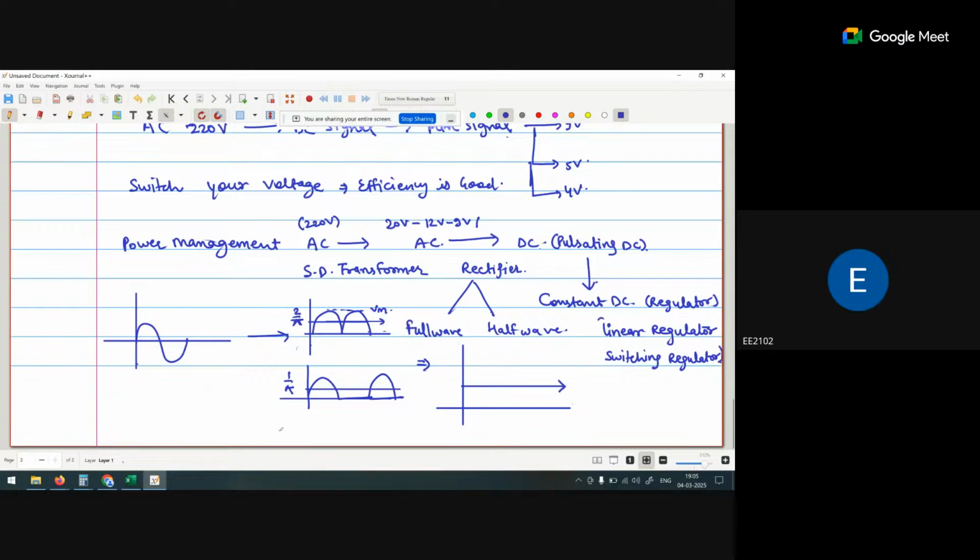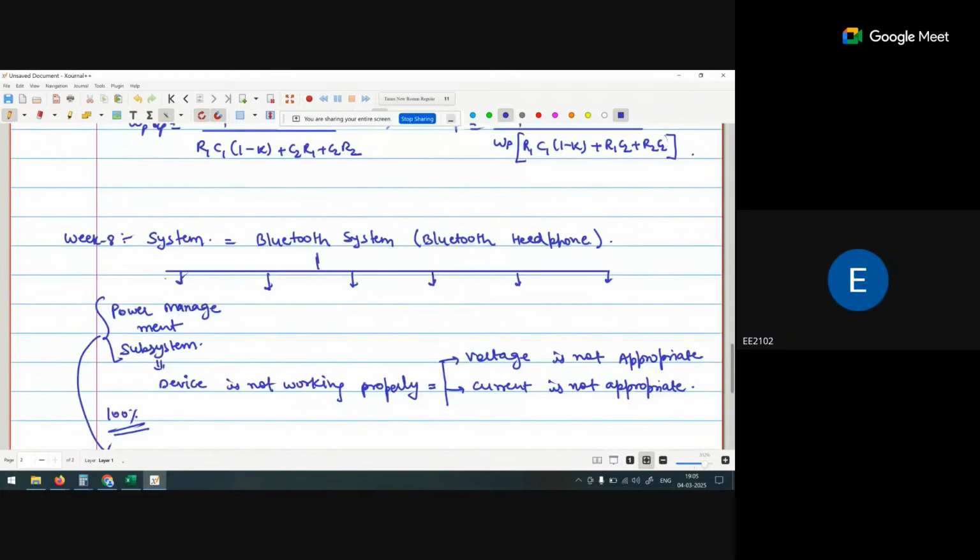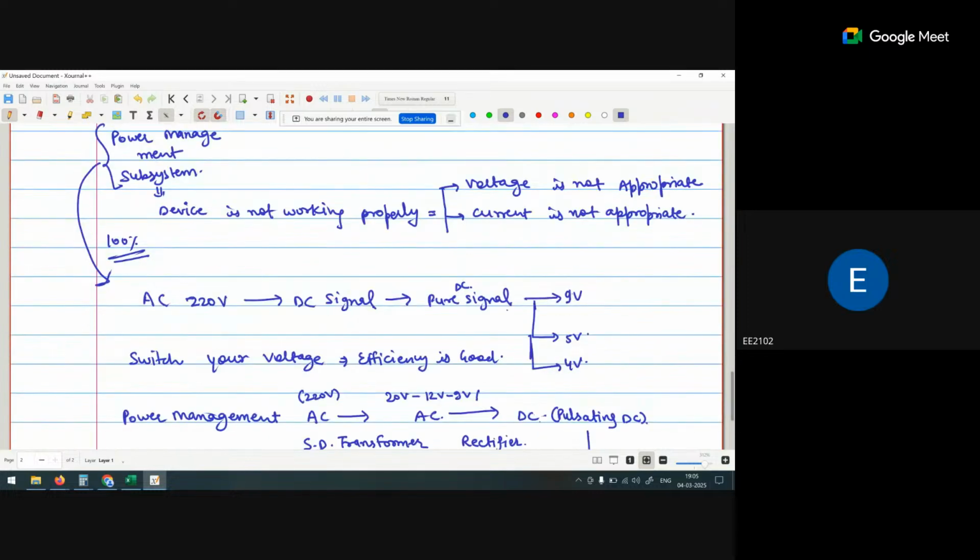We will discuss the linear regulator and switching regulator in the upcoming weeks. So all this work will be done by the power management. Clear?